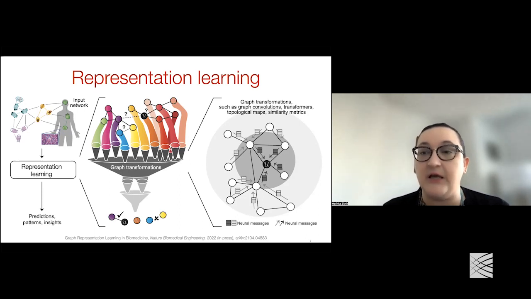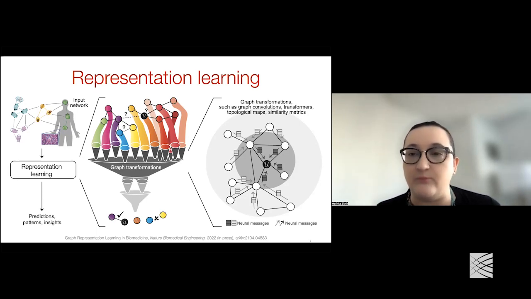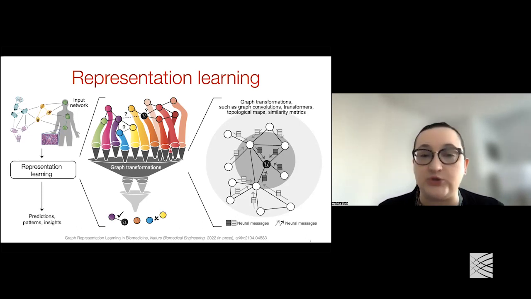It might contain different heterogeneous multimodal readouts. And with such a complex data set, we use a representation learning algorithm to extract essential informative and predictive features or representations that one can then use to derive predictions, extract patterns, and provide insights.